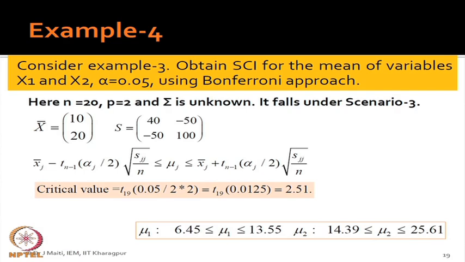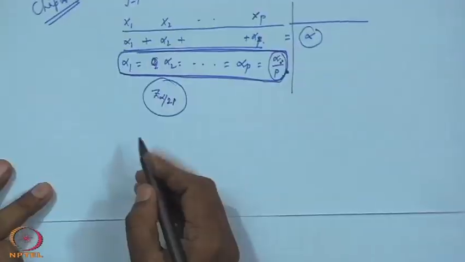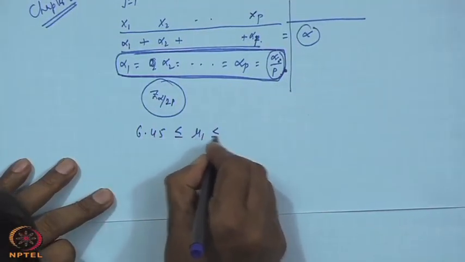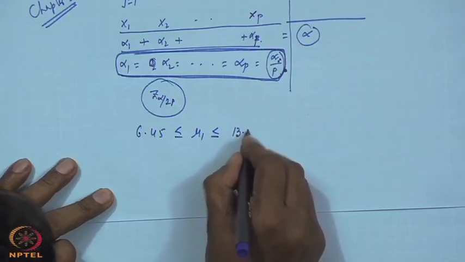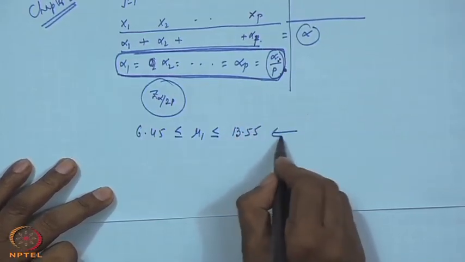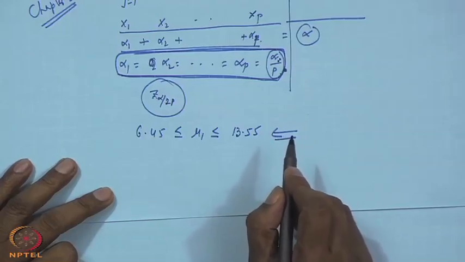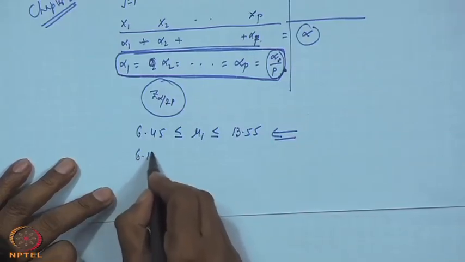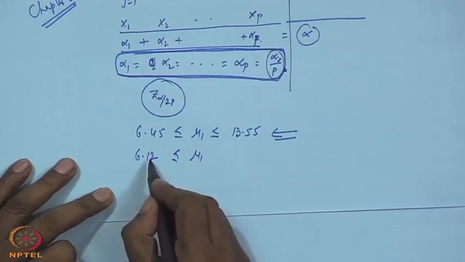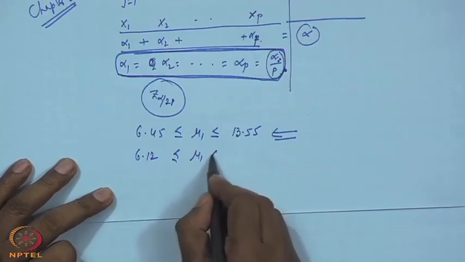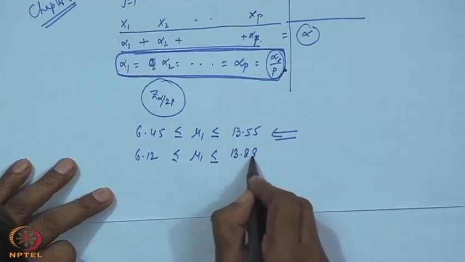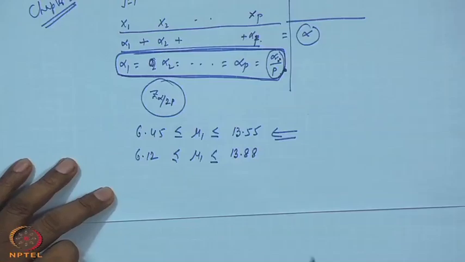So, I am writing this: 6.45 less than or equal to mu 1 less than or equal to 13.55. Using the maximization lemma, what was the interval we got? 6.12 less than or equal to mu 1 less than or equal to 13.88.